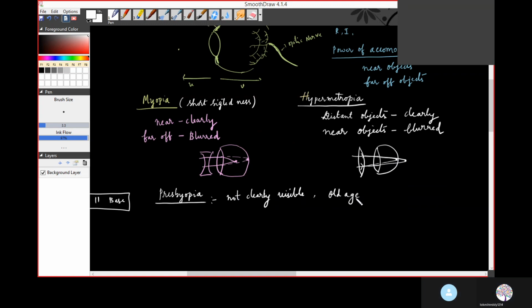When people become old, the ciliary muscles lose their flexibility, so they cannot change the focal length of the eye lens. So you will have both defects, myopia and hypermetropia. This defect can be removed by using a bifocal lens.